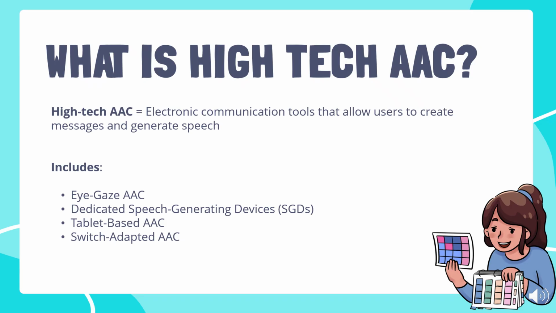Many systems also offer multiple ways to access communication, including through touch, eye gaze, and adaptive switches. Common examples include dedicated speech-generating devices, tablet-based AAC, eye gaze systems, as well as switch access AAC.